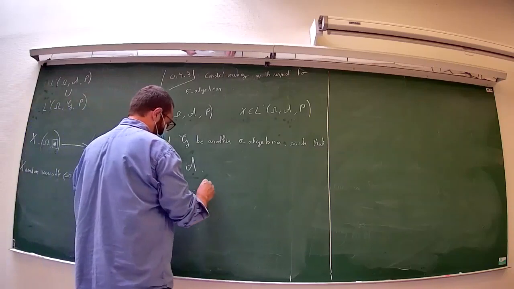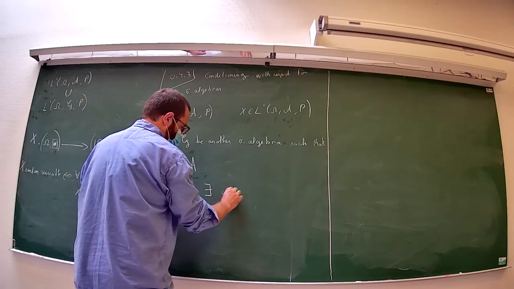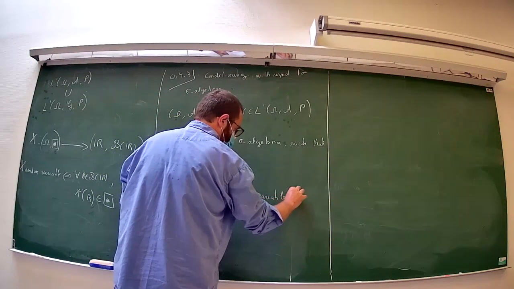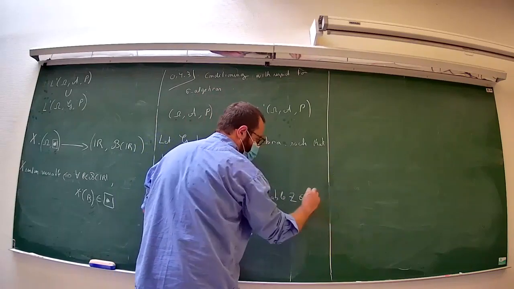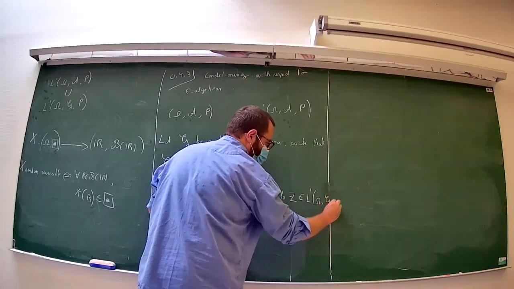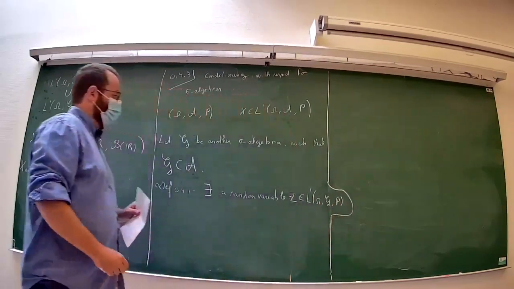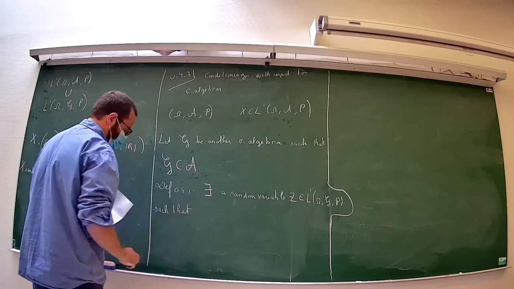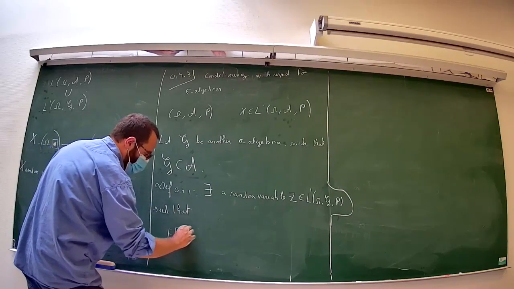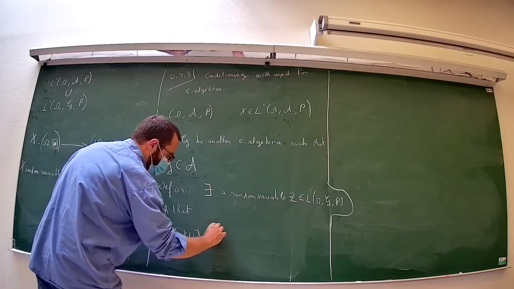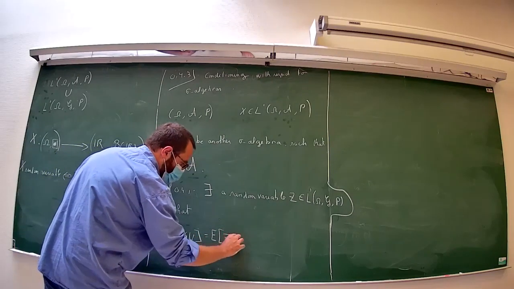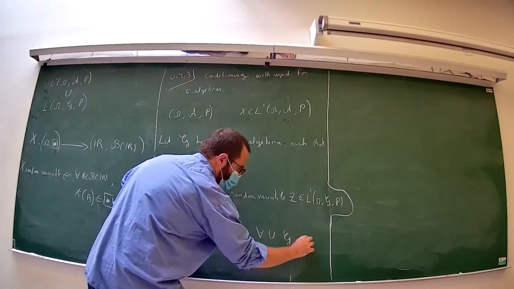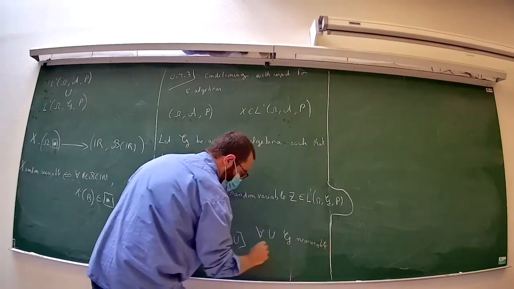There exists a random variable Z belonging to L1 of (Omega, G, P) such that the expectation of X times U is equal to the expectation of Z times U for all U, G-measurable and bounded.